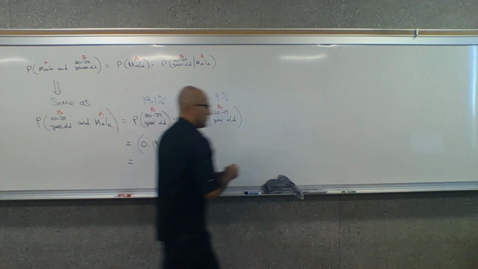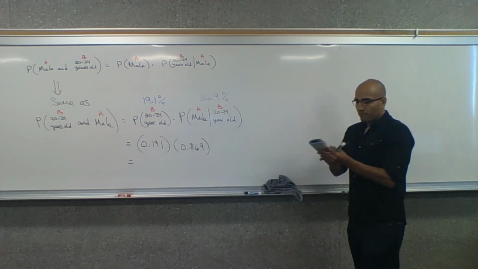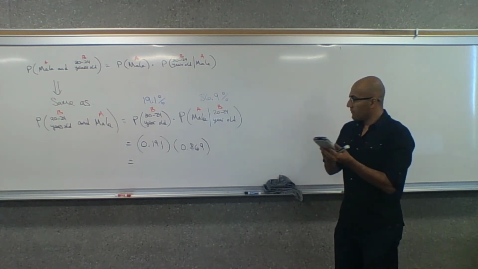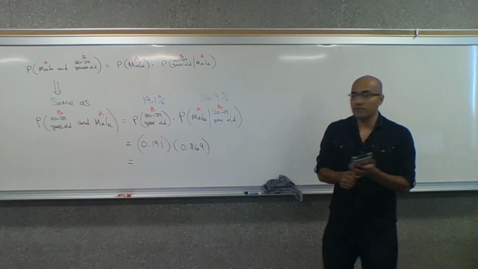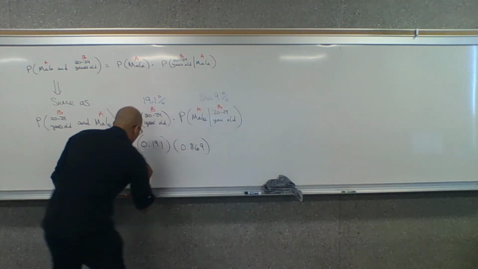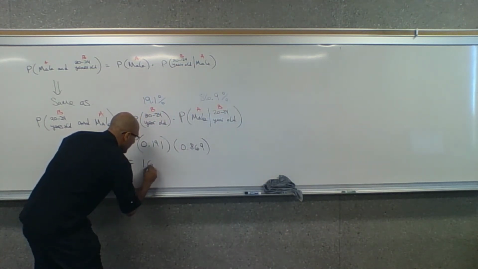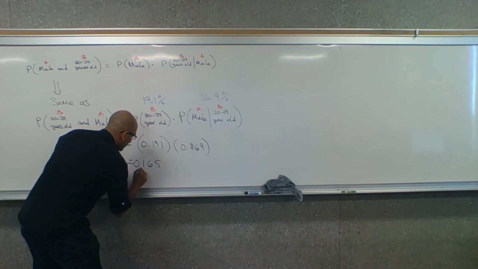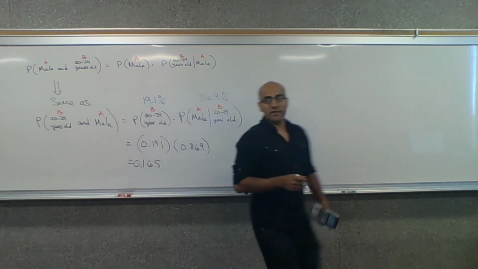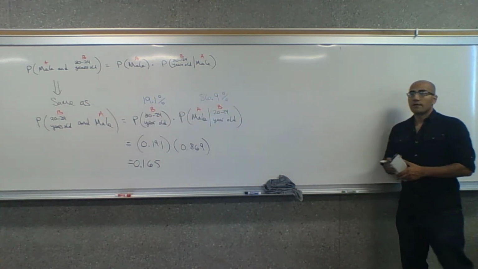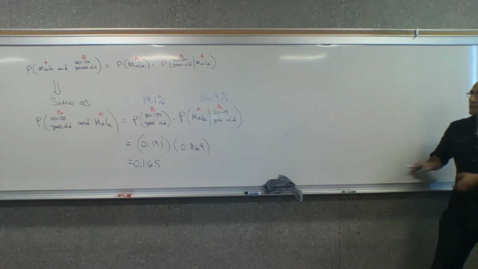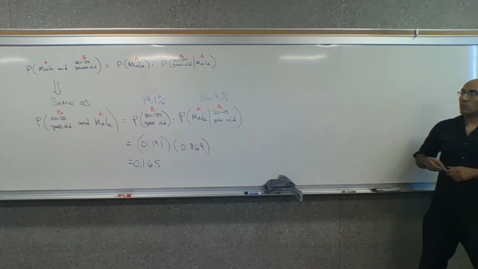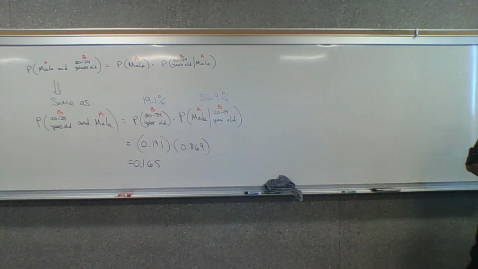And what is that? Can we multiply them? Oh, sorry, 0.165? So 16.5%? Yes? Good? Yes? Okay, so we're done with this question. This is the answer for this question.